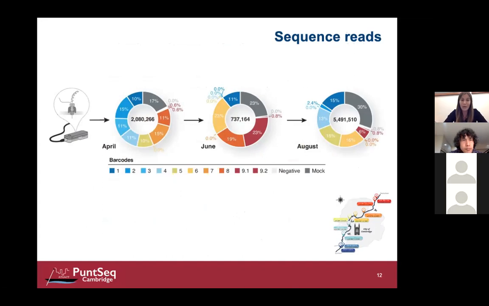And these are now the number of reads that we were able to classify onto the bacterial family level. We have the April flow cell to the left, the June flow cell in the middle, and the August flow cell to the right. And then you again have the different locations and the negative and the mock community.